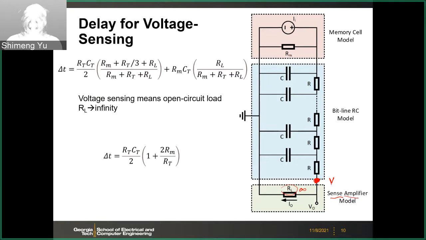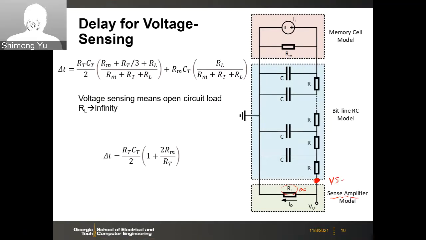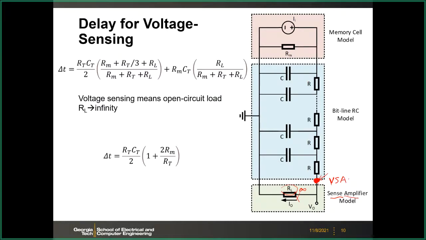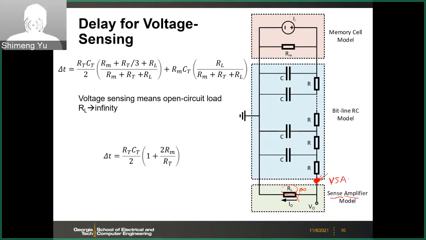Ideally, your voltage mode sense amplifier will have an open circuit at the end. Because you sense the voltage here, you don't want current to flow here. You just want an open circuit and a probe here to monitor the voltage. So if you have an open circuit, RL goes to infinity.